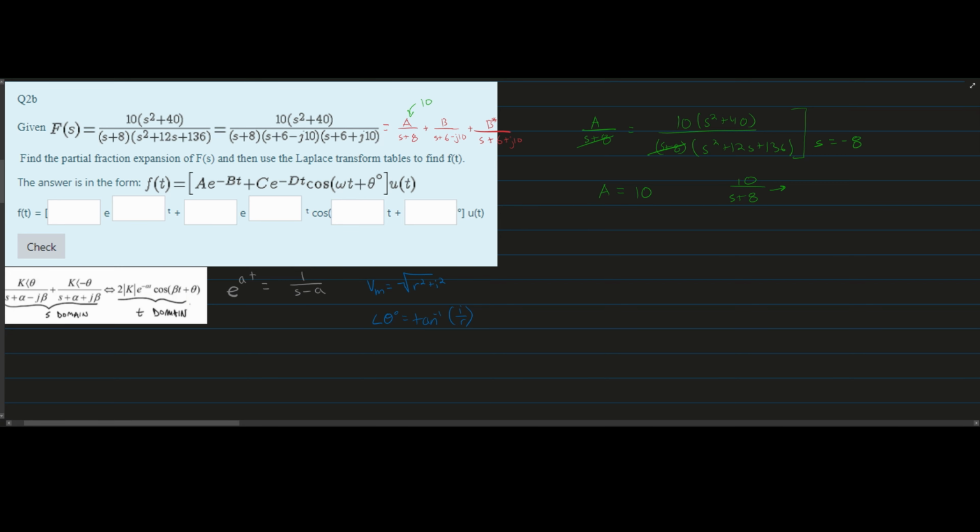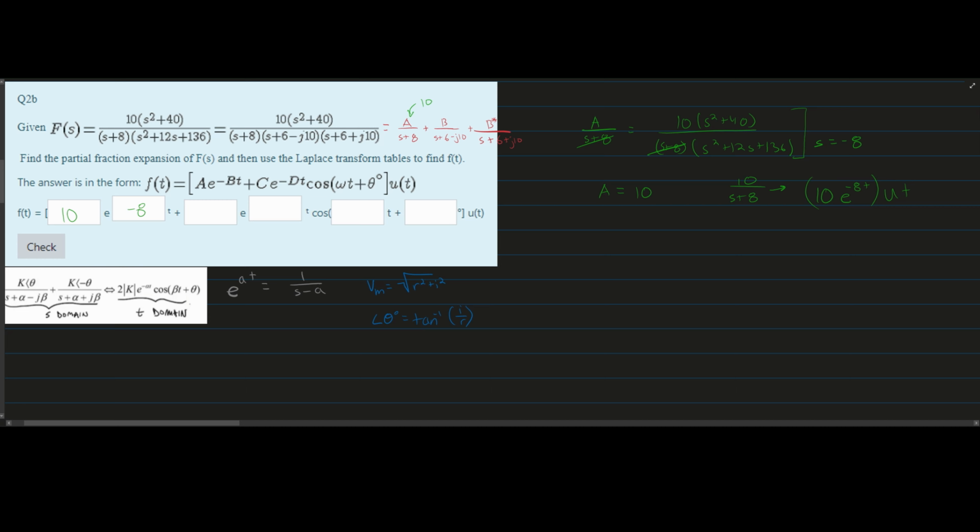We have something that looks like this, and we're going to change it to be like this. We have a 10 out front, because it's not up here in our equation. We are then going to have an e to the -8t, and then this is being multiplied by u(t). And so this is our first part done, and we can plug it into here. We have 10e to the -8t.